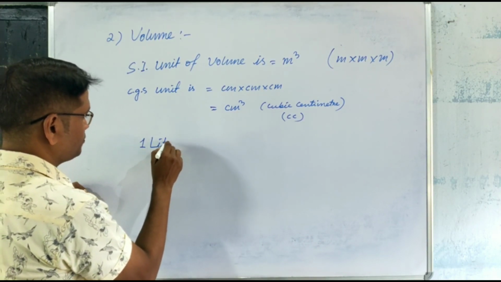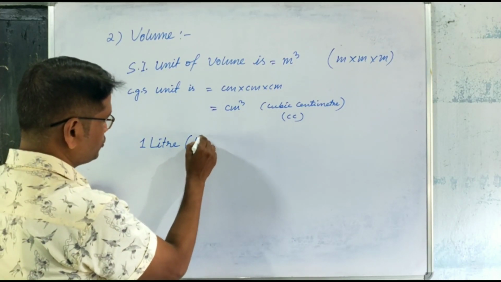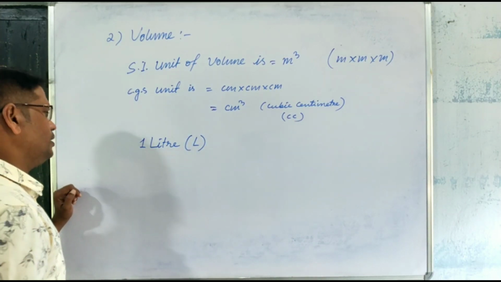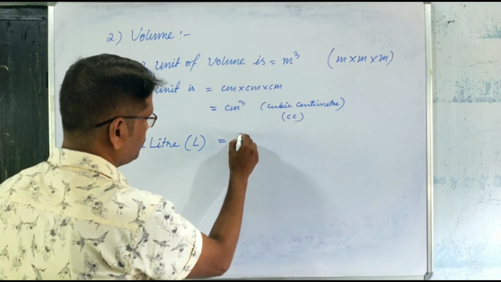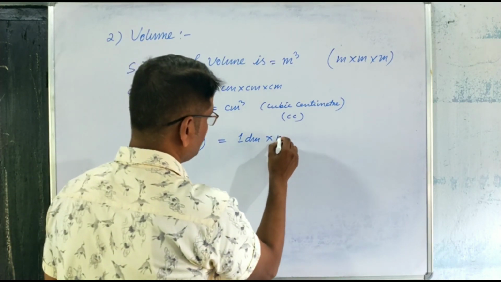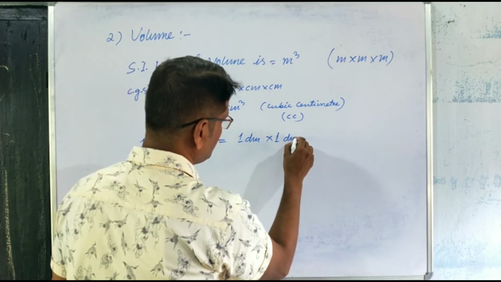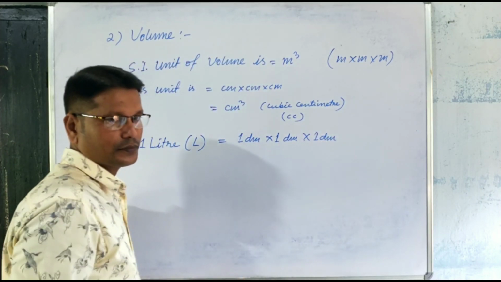1 liter, liter is also indicated by capital L. 1 liter is equal to 1 decimeter into 1 decimeter into 1 decimeter.